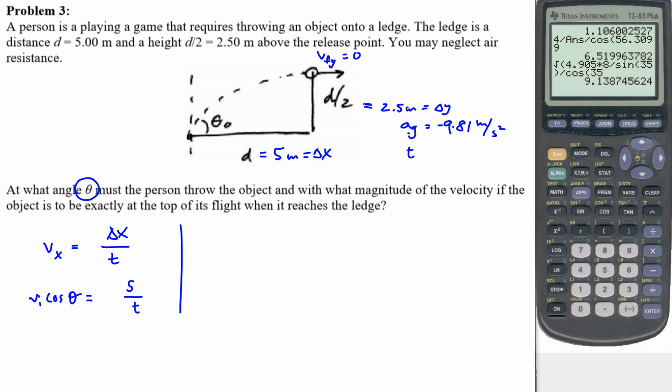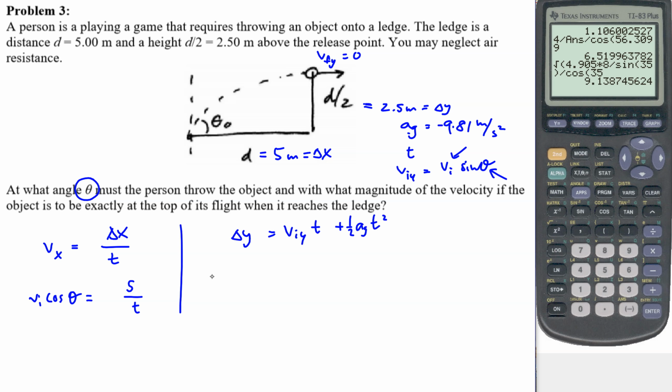And what else do I know? Well, I know VIY is VI sine theta. And that's the same theta here as here. It's the same VI as here. All right, which equation has these 4 things? Delta y, Ag, T, VIY. It's this one.